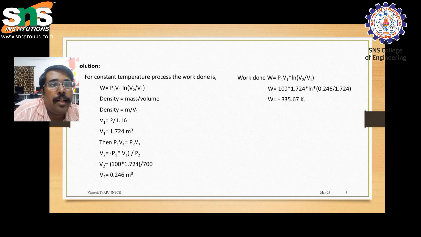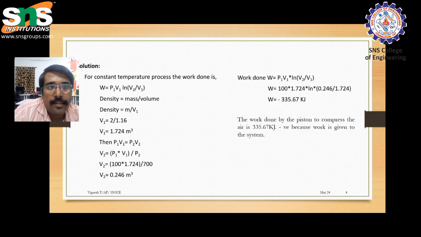That will be negative. What it means is, if the work done is negative, you are giving some work to the piston in order to compress the air. So 335.67 kilojoule of energy is the work we are giving in order to compress the piston.